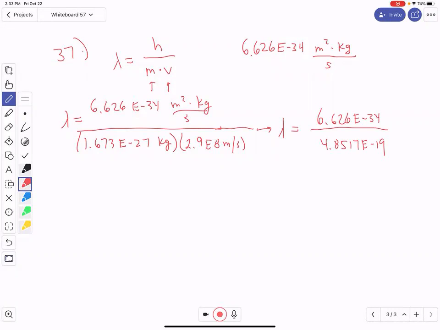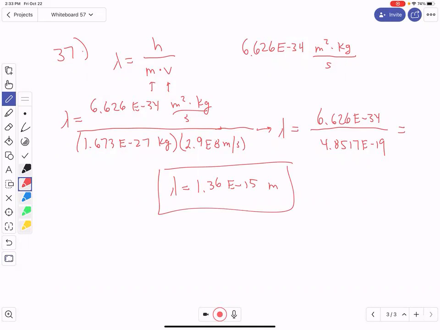I don't know what I messed up the first time through. But now we've got closer to where we should be. So now I get a wavelength of about 1.36, 1.37 e to the negative 15 meters.